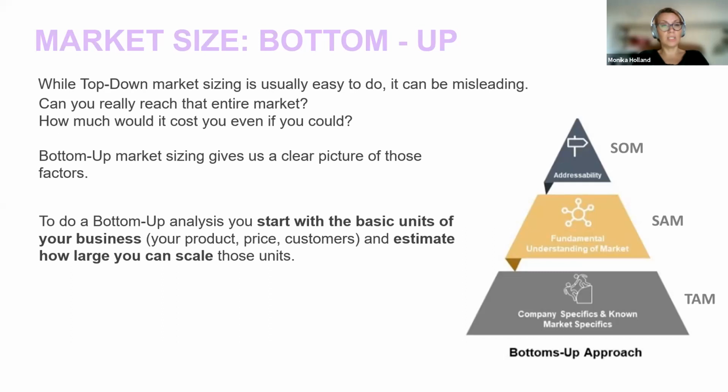I mean, statistically they could, but it's unrealistic. We need to look deeper, because there are specific qualifications in our ICP, in our customers, specific requirements that will actually make them our customers. And that is part of SAM.